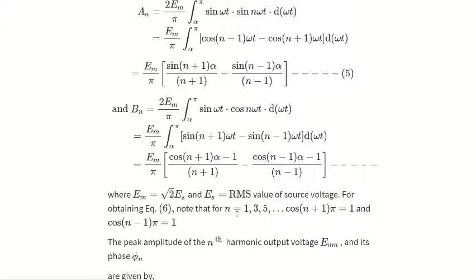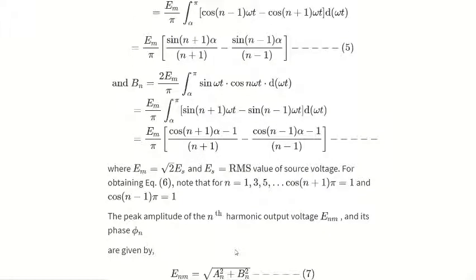So by substituting n for 1, 3, 5, cos (n plus 1) pi will be equal to 1 and cos (n minus 1) pi will be equal to 1. So you will get the peak amplitude of the nth harmonic output voltage Enm and the phase angle.